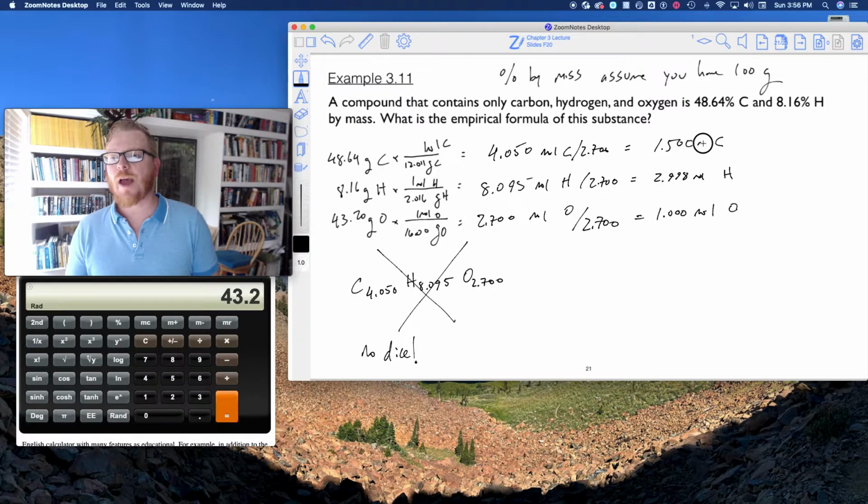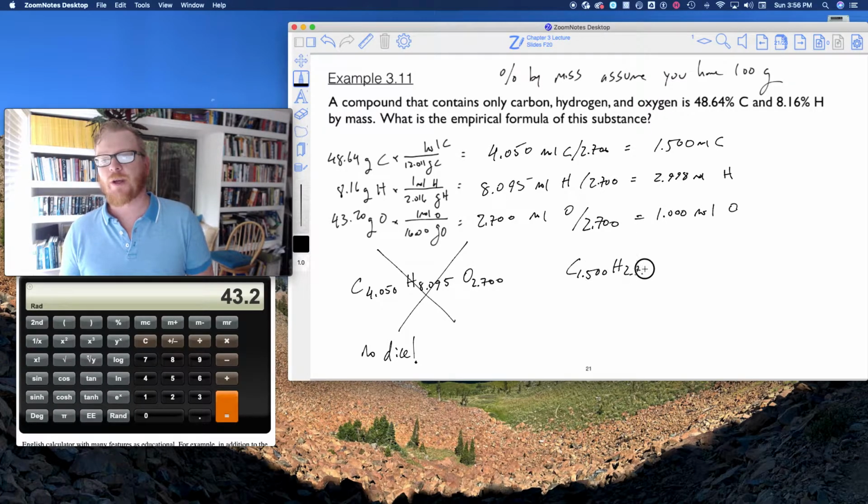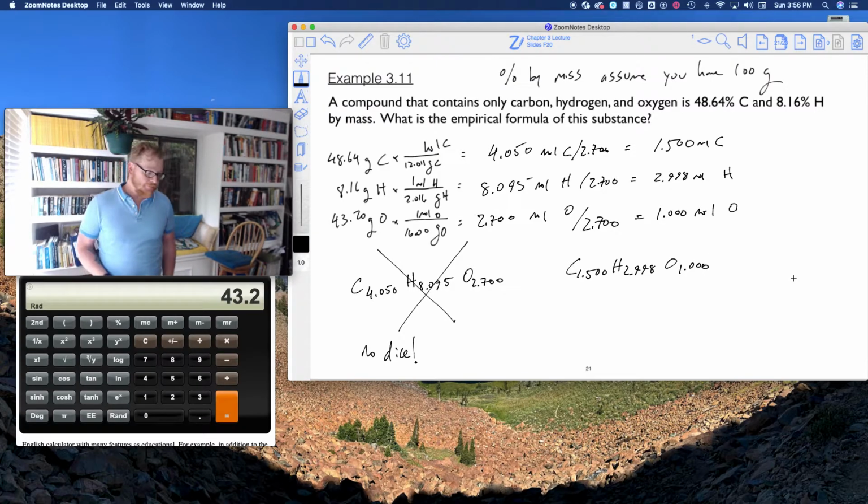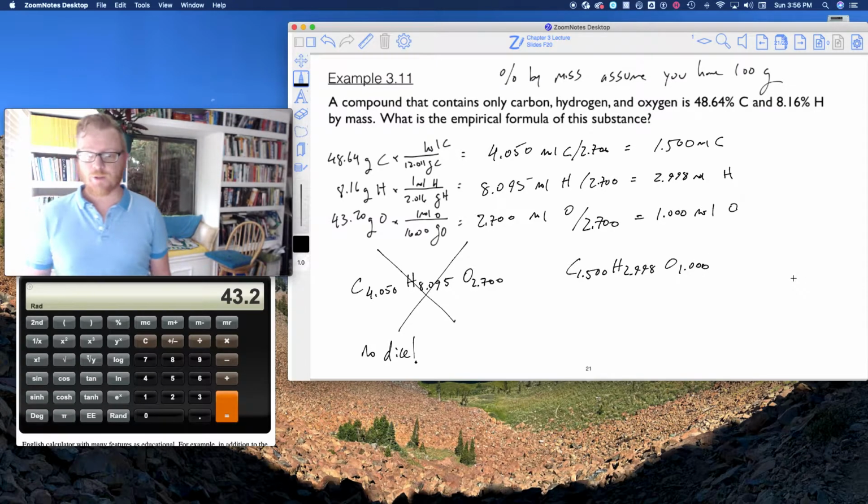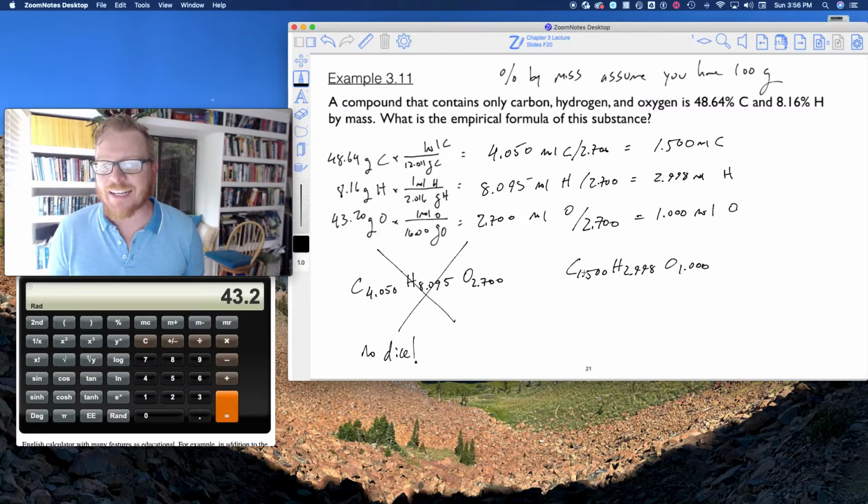So now that means my formula looks something like this: C1.500H2.998O1.000. That's not bad. That's getting a little bit better, okay? But I still can't have that 1.5 carbon.